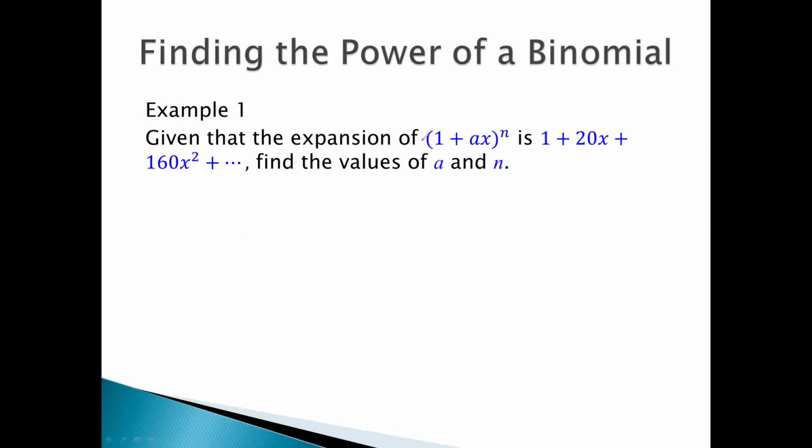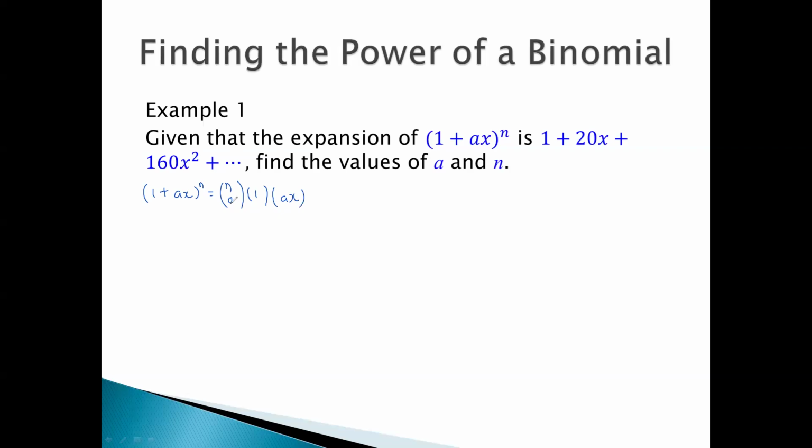Again, given the expansion of (1 + ax)^n is 1 + 20x + 160x², find the values of a and n. So I'm simply going to do a binomial expansion for (1 + ax)^n. Let's just do it as per normal. n choose 0, 1, ax.